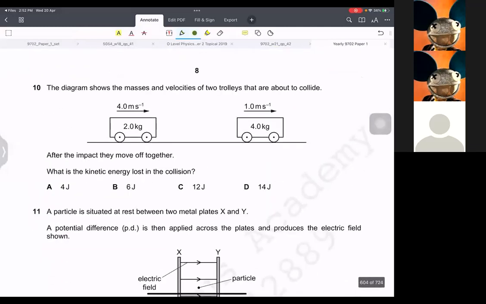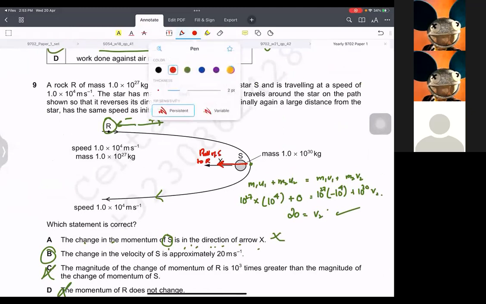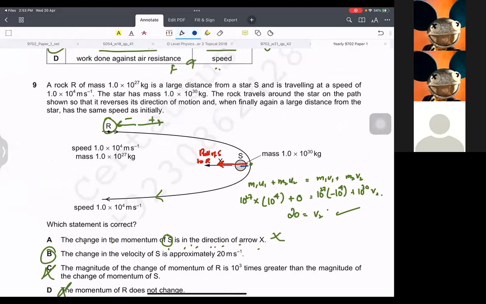Sir, can you explain why it's not A? Yes. I'll tell you. Consider R here, right? So S would pull R towards it, right? So this red force is basically pull of S to R. According to Newton's third law, S will be pulled in the opposite direction with the same value.